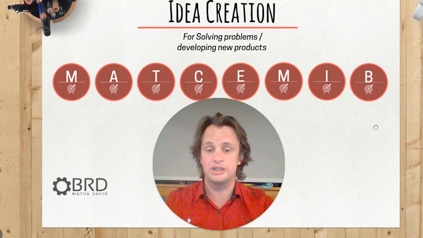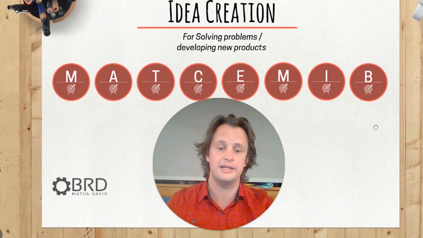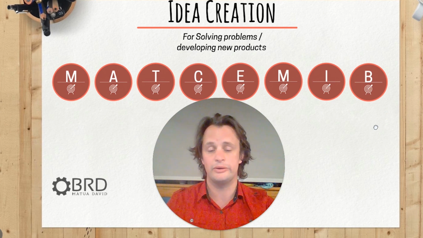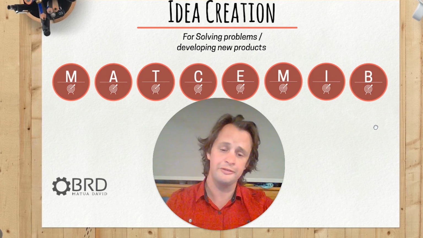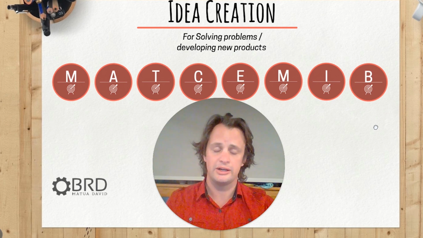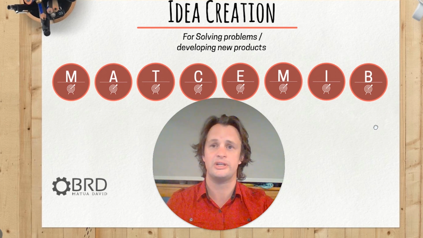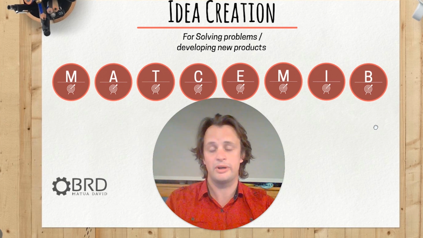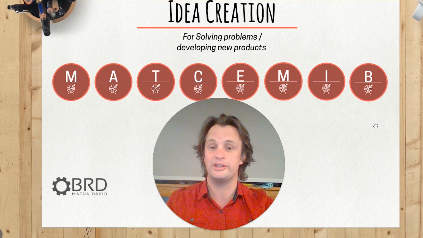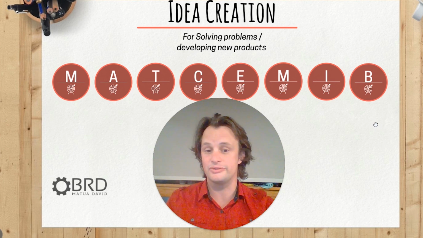And much like Albert Einstein, he used to work in a patent office where he would see lots of new ideas and solutions coming across his desk. After some time working in this place, he started to see a number of similarities, and in his own mind, he started to categorize these differently. And each one of these letters represents a different category of how people have solved problems in the past.